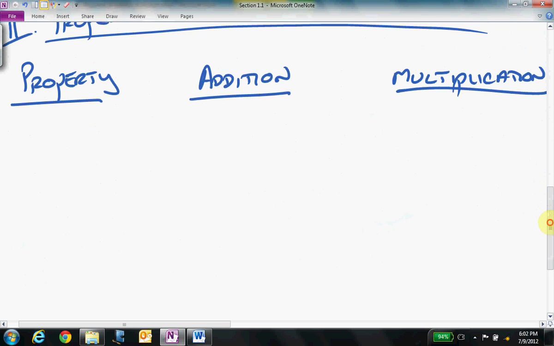The first property is going to be called the commutative property. Commutative property basically says doesn't matter what order the numbers come in. Alright, if you have two numbers, it can be A plus B, let's say, or it's going to be the same thing as B plus A. Doesn't matter which order they come in.